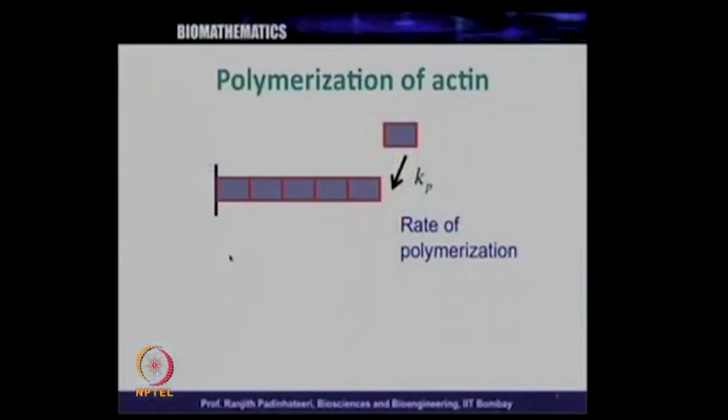We want to study the polymerization of actin. Actin is a filament, as shown here, made of N monomers. There are many monomers, 1, 2, 3, 4, 5, and then you can add a monomer with some rate Kp. So, Kp is the rate of polymerization. With this rate, these monomers or subunits are being added to this filament and the length of the filament increases.